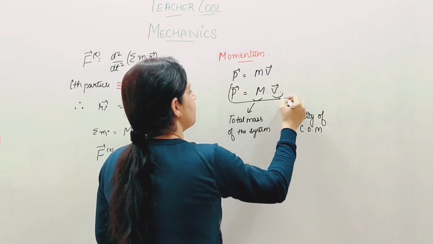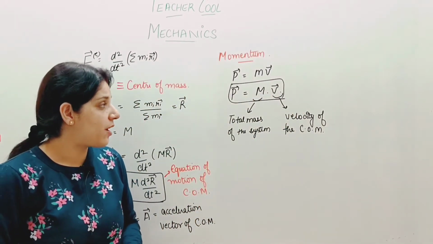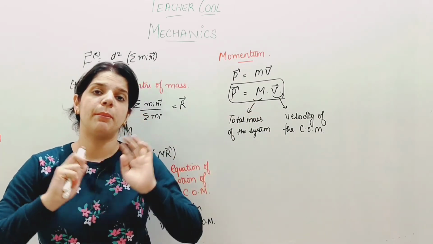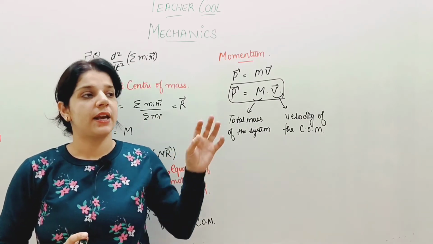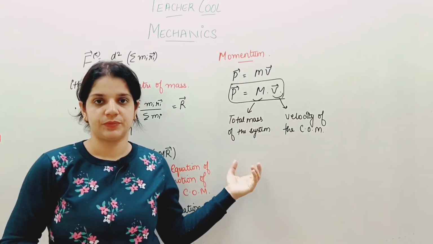But now this is not the velocity of a single particle, but it is the combined velocity of the system of particles which are acting at a certain point or on the center of mass.